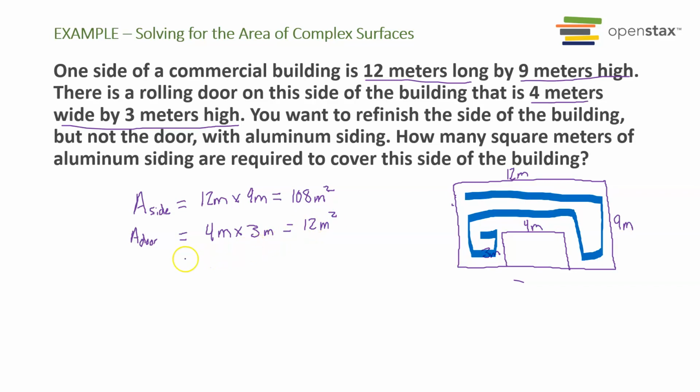And then we want to do the difference. We want to subtract the area of the door from the area of the side. So 108 minus 12 is 96 square meters of siding that we're going to need in order to cover the building. So 96 square meters would be our answer.